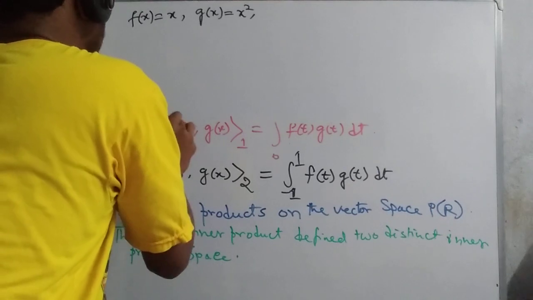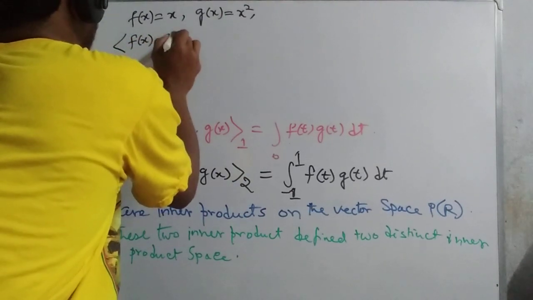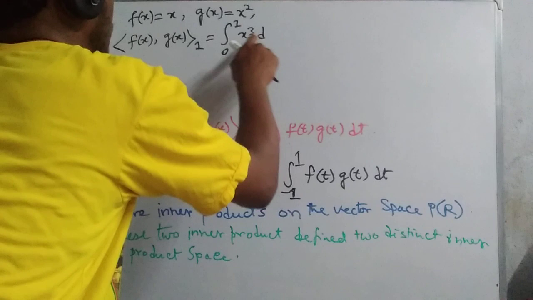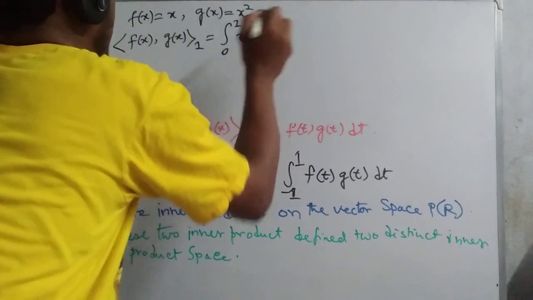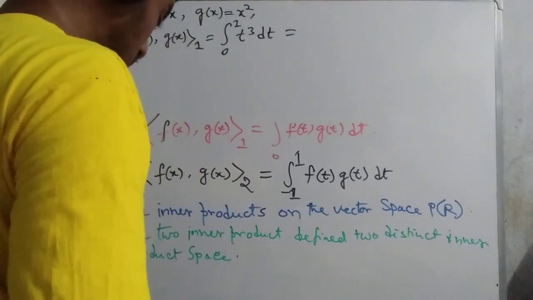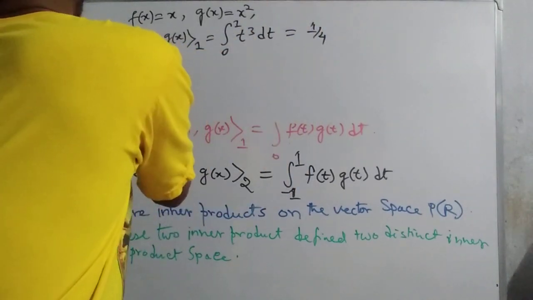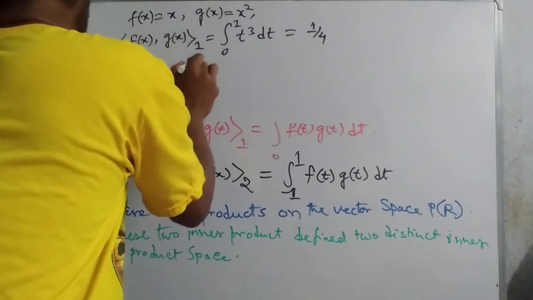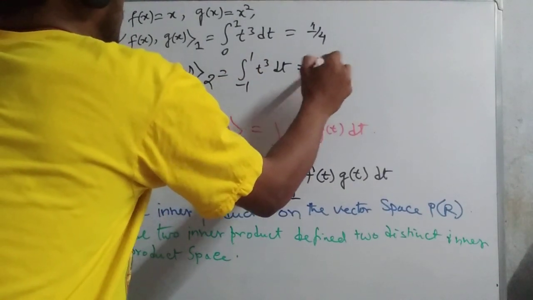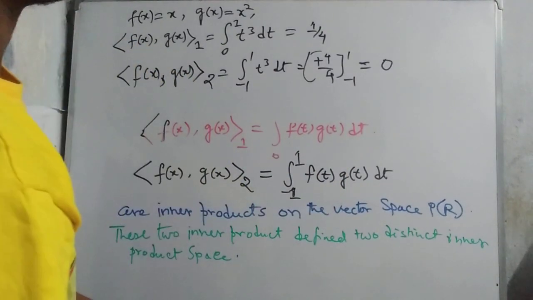Then what happens here: the inner product of f(x), g(x) of 1 equals the integral from 0 to 1 of x cubed dx, or t cubed dt. Understood? Then this equals t to the power 4 by 4, which is 1 by 4. And the inner product of 2 is the integral from -1 to 1 of t cubed dt, which is t to the power 4 by 4 from -1 to 1, giving 0. Understood?